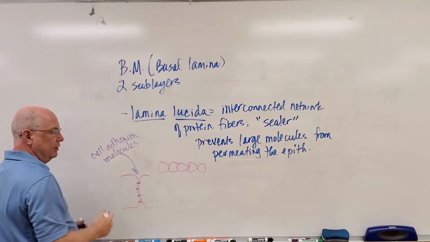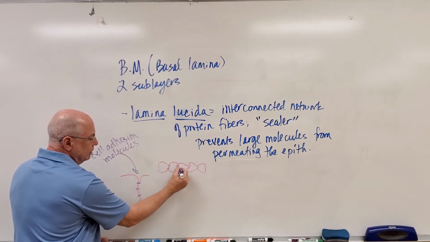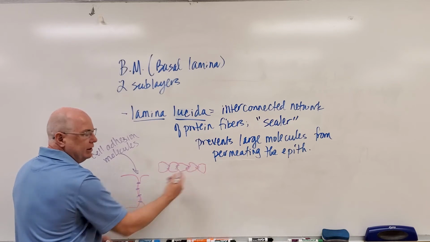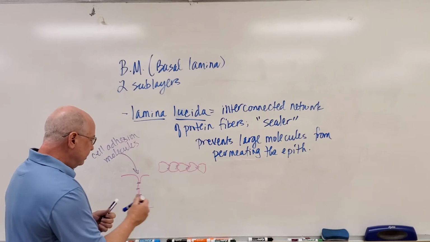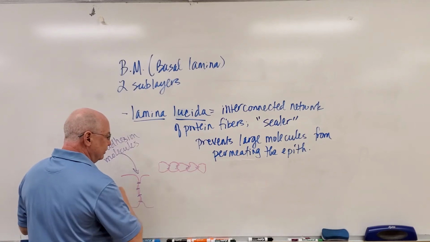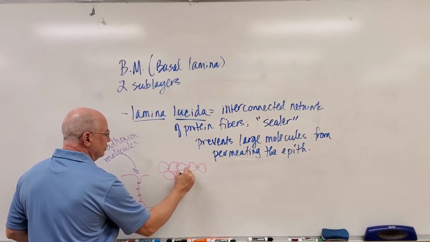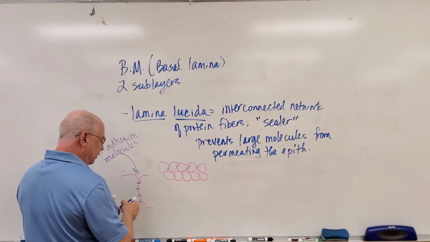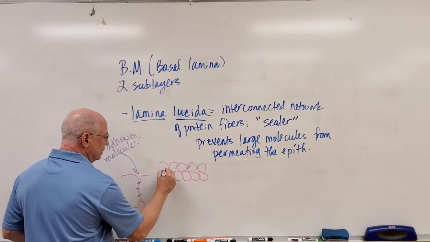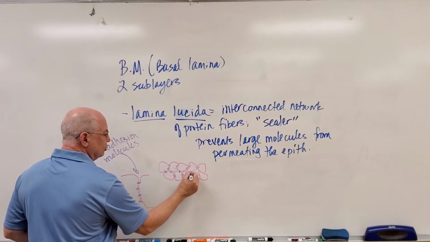Cell adhesion molecules connect all these epithelial cells to each other and hold them together so that they don't all just fall off the body when we rub them. Sometimes we have many layers of these epithelial cells stacked on top of each other, and these cell adhesion molecules interconnect the cells in ways that prevent them from being rubbed off of our bodies.